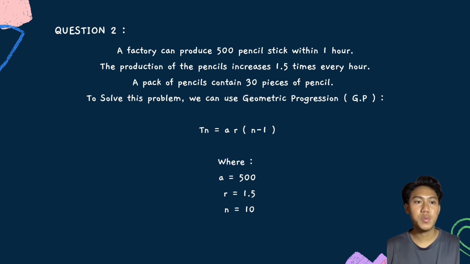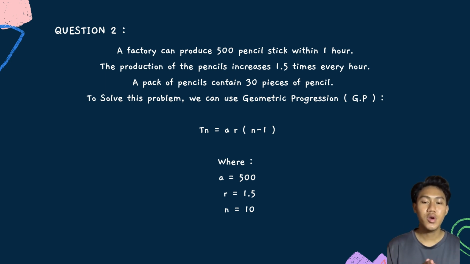A pack of pencil contains 30 pencil rods. How many pencils are produced in 10 hours? To solve the problem, we can use the geometric progression. The formula for geometric progression is Tn equals AR to the power of n minus 1.